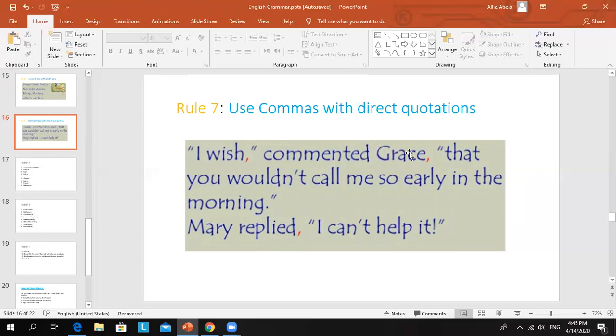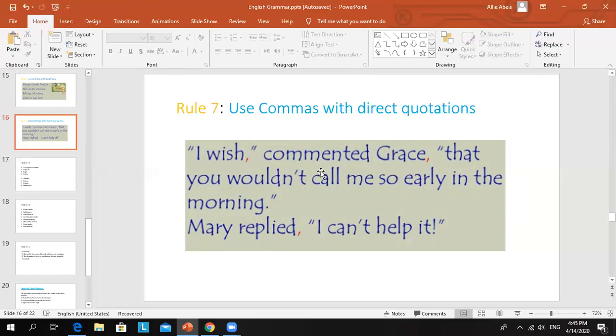"I wish," comma, said Grace. So if you want to quote what someone else said, you need to use inverted commas and put a comma, and then you say who you are quoting.